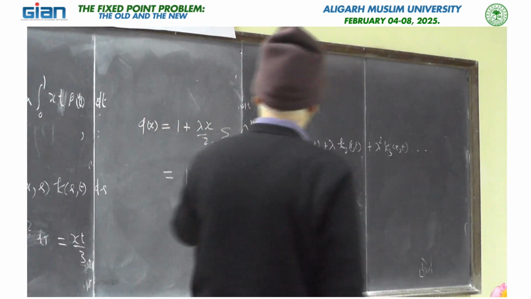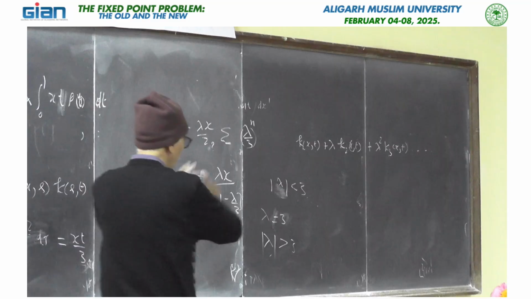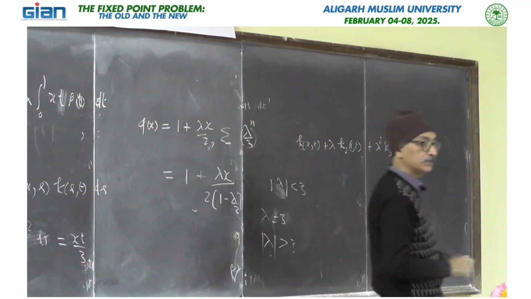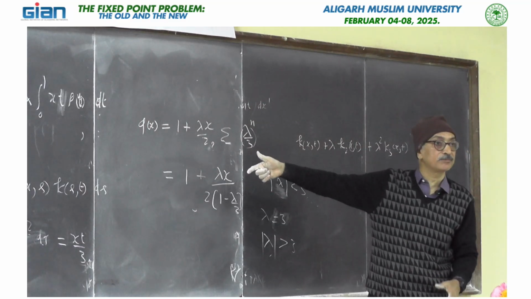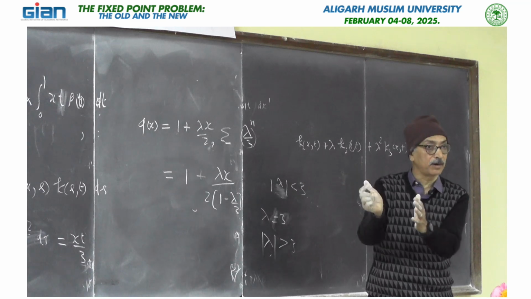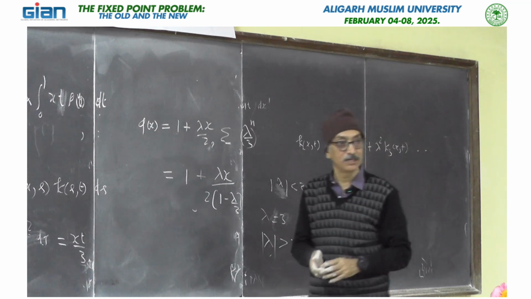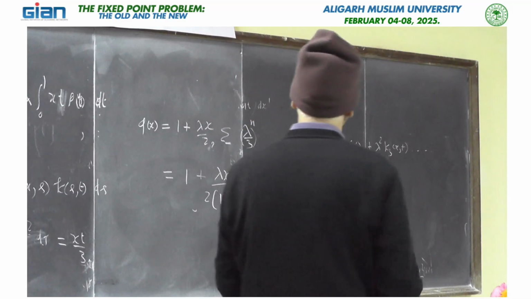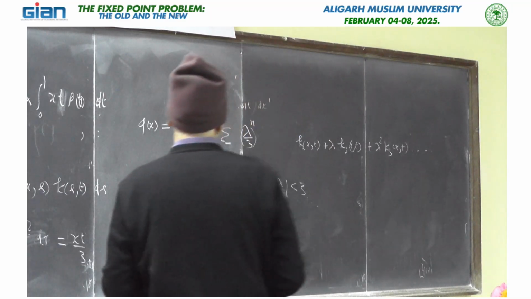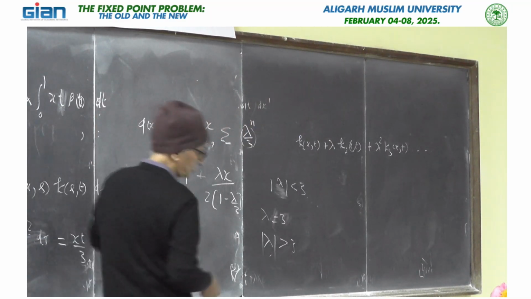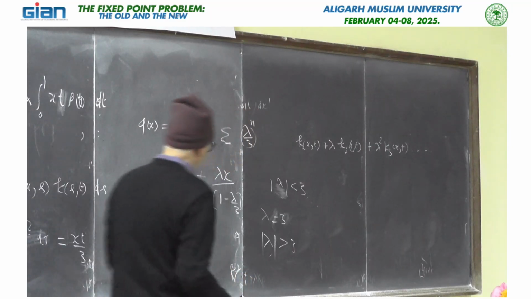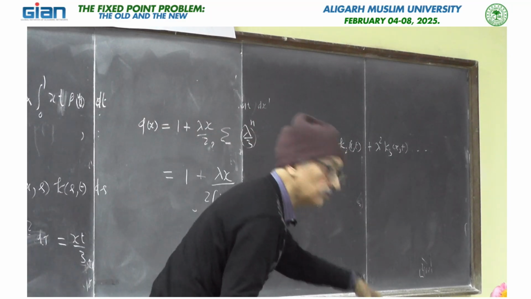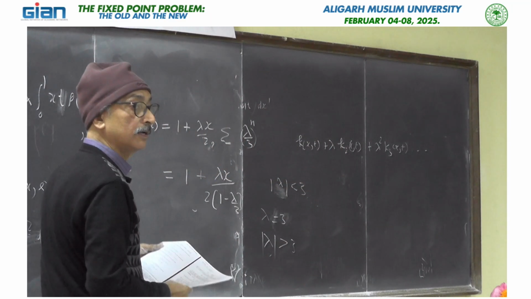So for lambda not equal to 3 you have a solution, but this series method captures only half of it, okay, mod lambda less than 3. So that is a limitation of this method, but at least for a small lambda you have a unique solution there. Now how do you say that lambda equal to 3 could be a solution here?